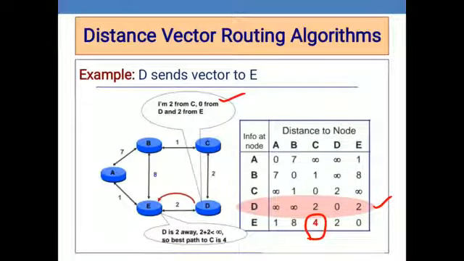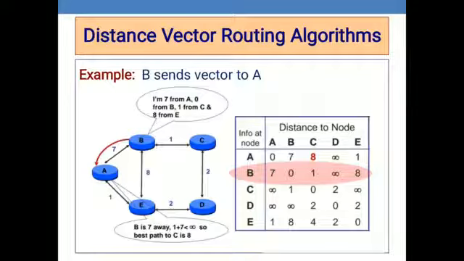So through the router D, the distance from E to C is updated as 4, because initially it is infinite. Like this, we will update all the infinite values and all the other distance values also. So we will check each and every case. So let us see another one.